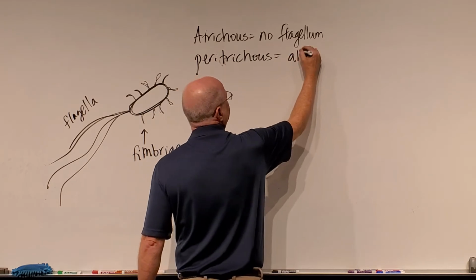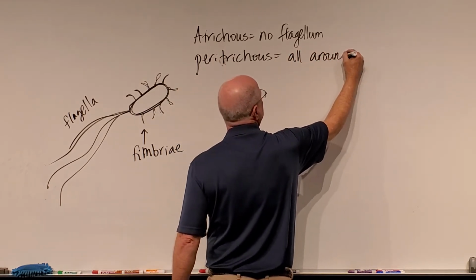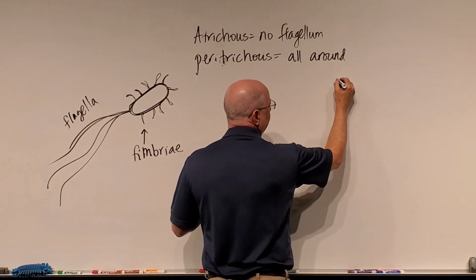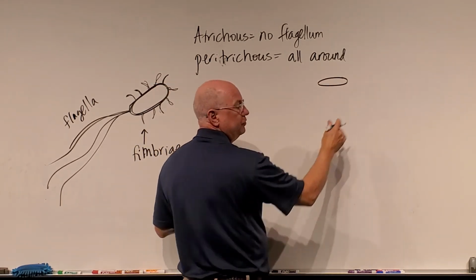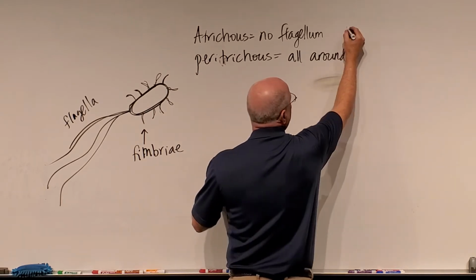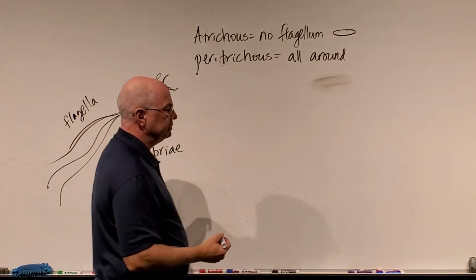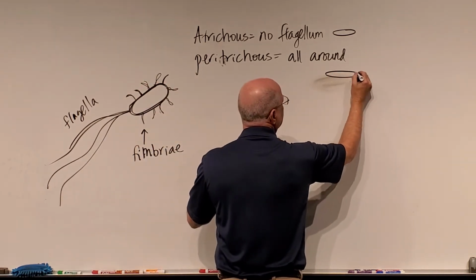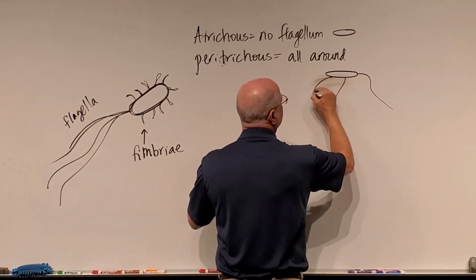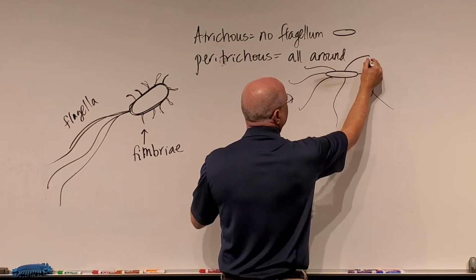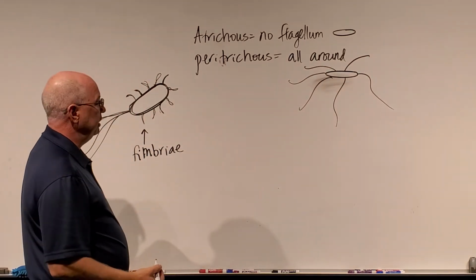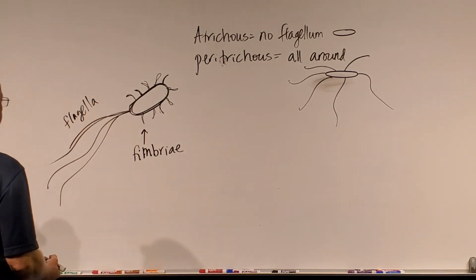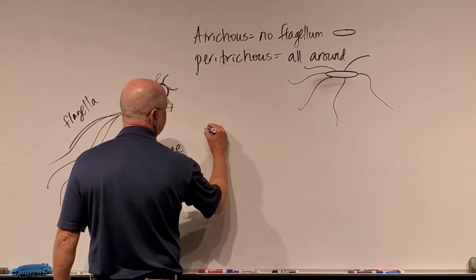That means that the flagella are all around it. So I could have one bacterium that's rod-shaped have no flagella. So we would say it's an atrichous bacterium. If I have one that looks like this and it has flagella all over it, then we would say that one's peritrichous, okay?